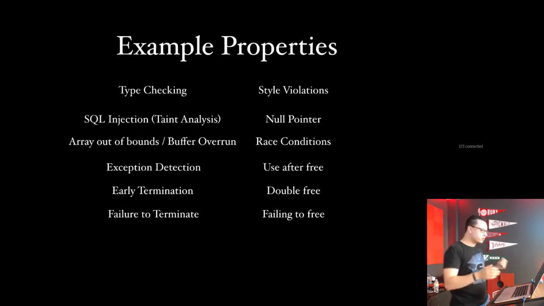So the next question we're going to ask is, what are the properties that you can actually discern with static analysis, and what problems can it solve? Here's a non-exhaustive list of some of the problems that static analysis can be useful for solving. The most obvious one that sticks out is type checking. Any instance of type checking in your program is actually a form of static analysis.